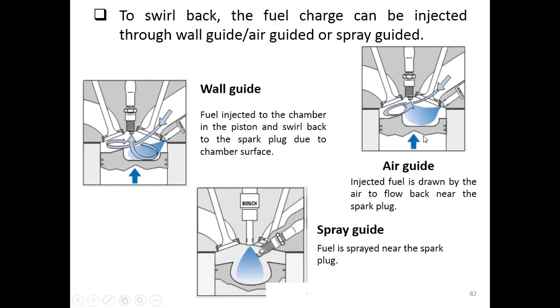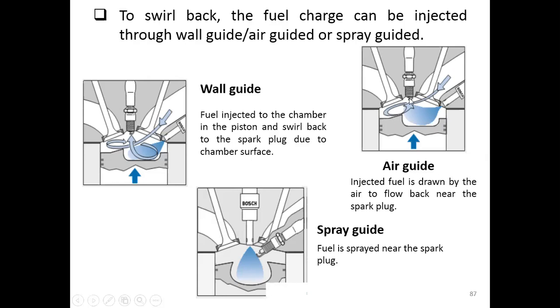Then look at the air guide here. The wall design looks the same, but for this one we don't use the wall to guide the fuel back. We use the air. Instead of flowing down to here, we keep the air flowing further and then it flows back.